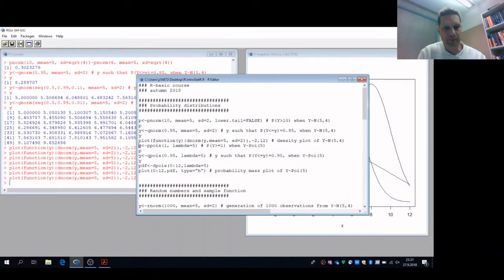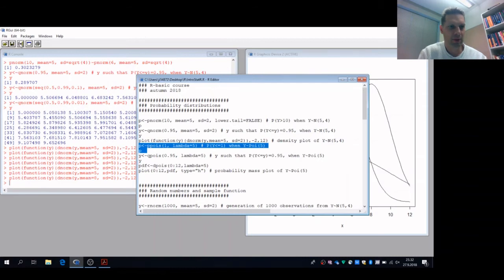So if we now calculate the probability that y, with the Poisson parameter lambda equal to 5, has a value less than or equal to 1, then we have this sort of a way.